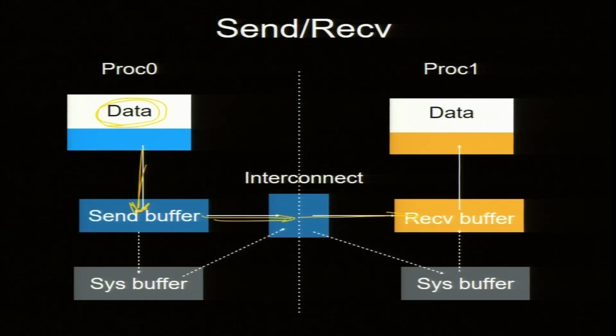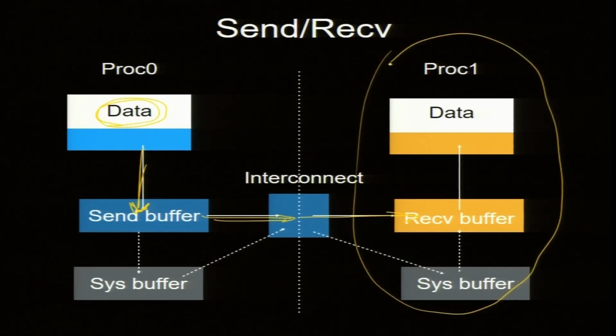Now it is crossing the side, getting into the other processor area. So, the receive buffer, and that buffer will send it to the program memory area. In fact, this data will be copied to the desired location.